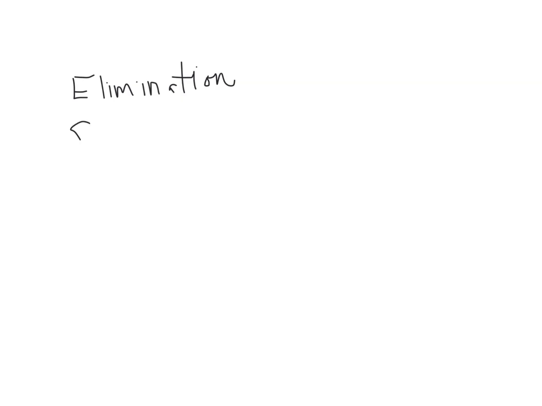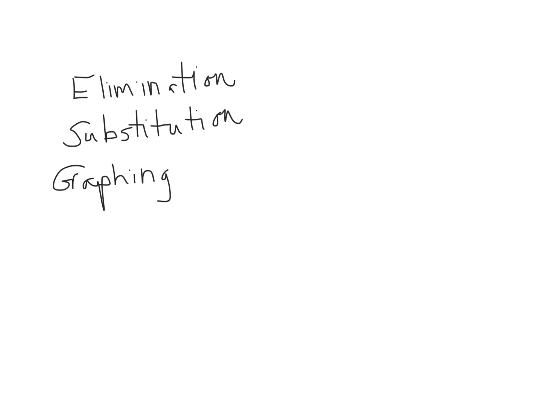The second is substitution, where we would look at the relationship between the two variables and substitute one of the variables into the other equation. And of course, few students pick this, but graphing is one of the easy ways as well, because then you can simply read that shared point where the two functions cross off a graph.